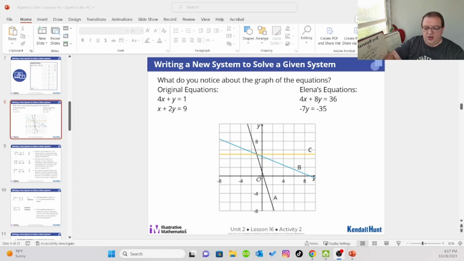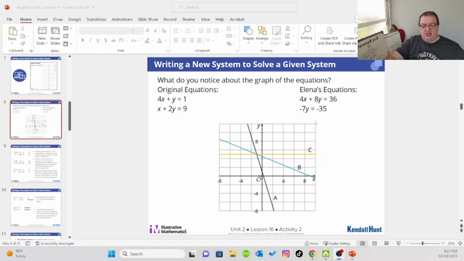So now they want to know, what do you notice about the graph of the equations? On the left, we have the original equations, and on the right, we have Elena's equations. So, if you notice, the blue line, the black line, and the yellow line all intersect at negative 1, 5.